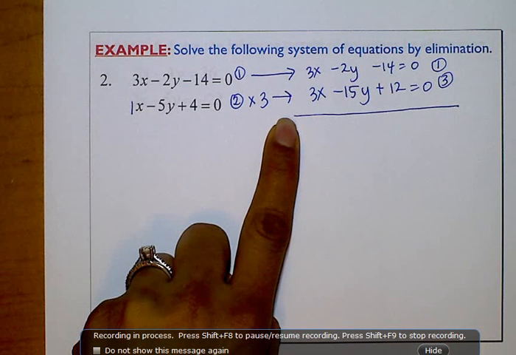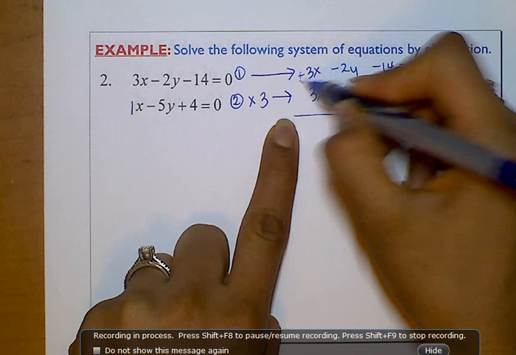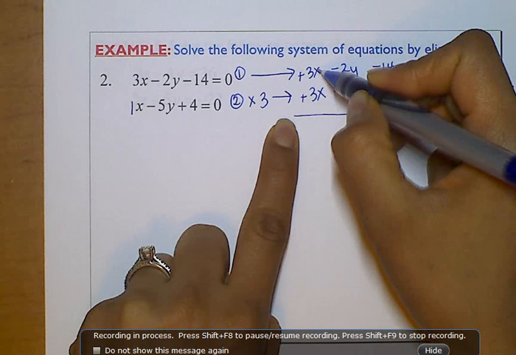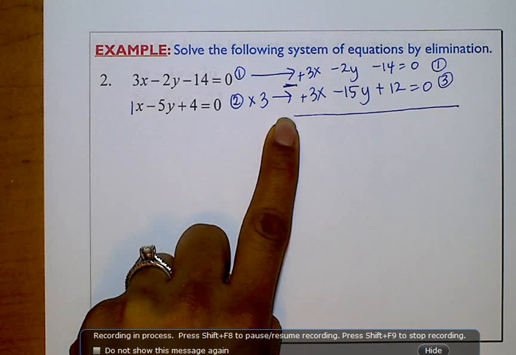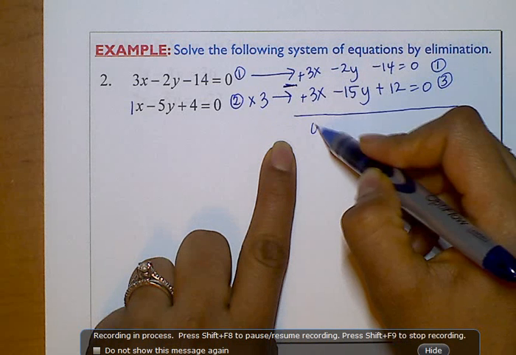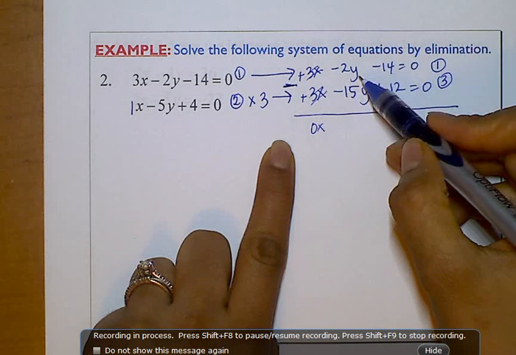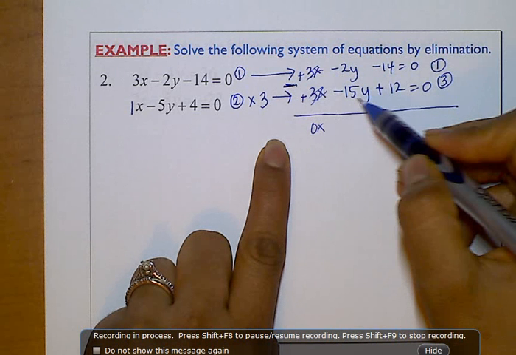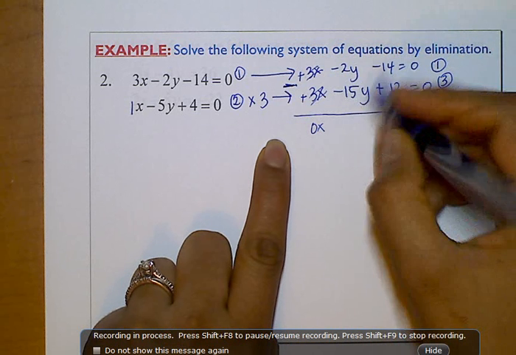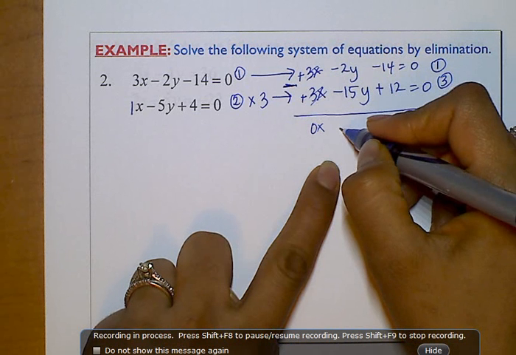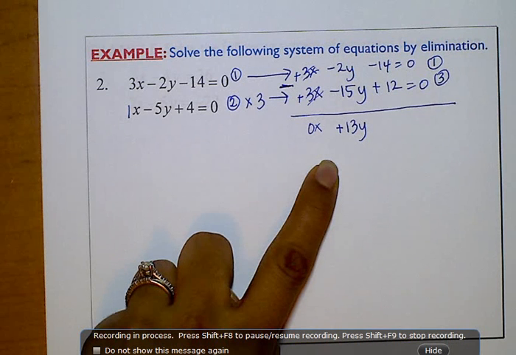I have negative 2 minus negative 15, so negative and negative 15 make a positive 15, and then minus 2 is going to be a positive 13y. Negative 14 minus 12 is a negative 26, and then 0 minus 0 is 0. I'm going to go ahead and solve for y, move the negative 26 to the other side. So positive 26, divide both sides by 13, y equals 2.